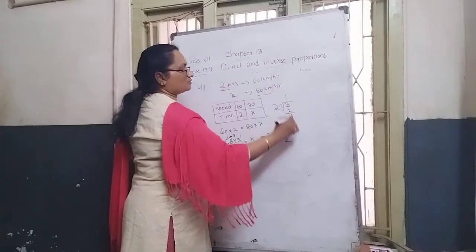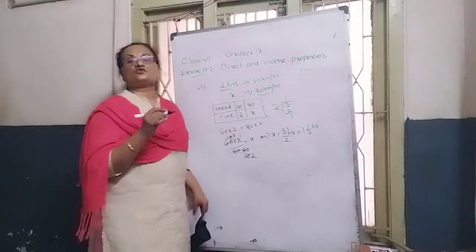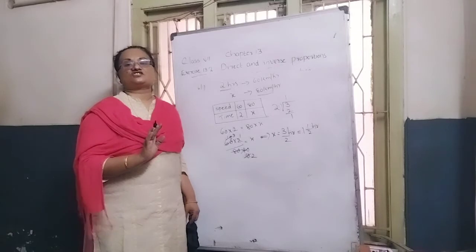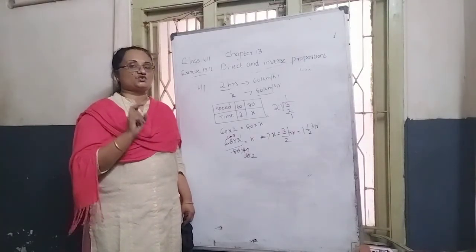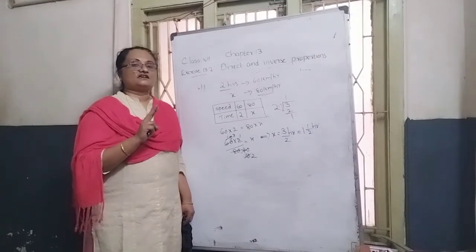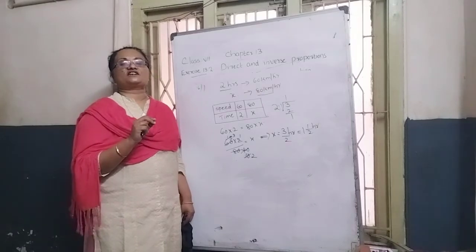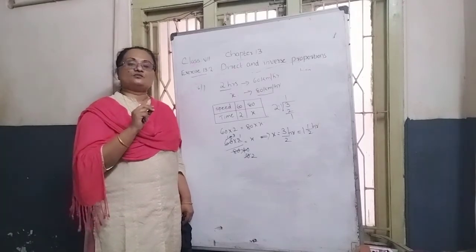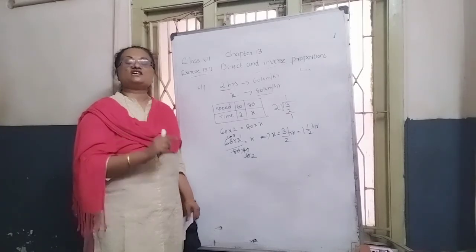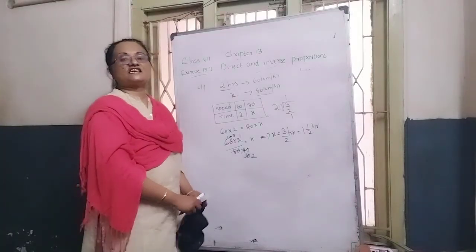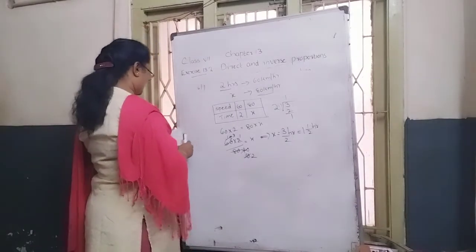Then it is 1.5 hours to reach the same destination. At a speed of 60 kilometers per hour, it takes 2 hours. Suppose the car speed is increased to 80 kilometers per hour, how much time does it take to reach the same destination? Only 1.5 hours to reach the same destination. I hope you can understand this question.